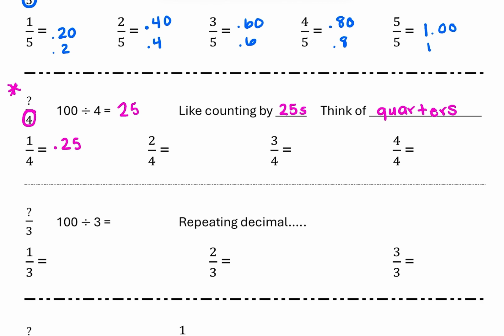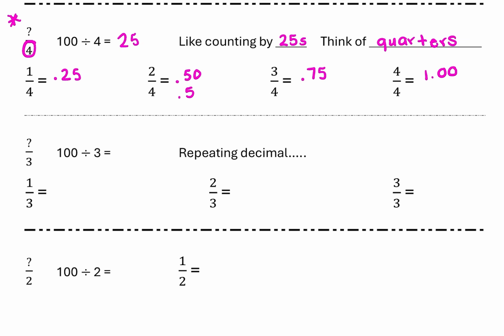Okay? 2 quarters would be 50 cents. Okay? And 2/4 is 1/2, so that's also 0.5 or 0.50. Okay? 3/4 is like 3 quarters, so 25, 50, 75, so 0.75. And then 4/4 would be 4 quarters, which is $1. Okay, so if the bottom number is a 4, it's quarters.